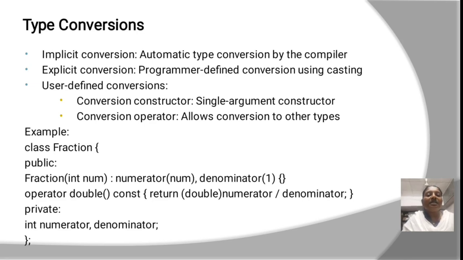For example, class Fraction, open brace, public Fraction of int number, numerator of number, comma, denominator of 1, open closing parenthesis. Then operator double, const, open brace, return double numerator by denominator, closing brace. Private: int numerator and denominator.